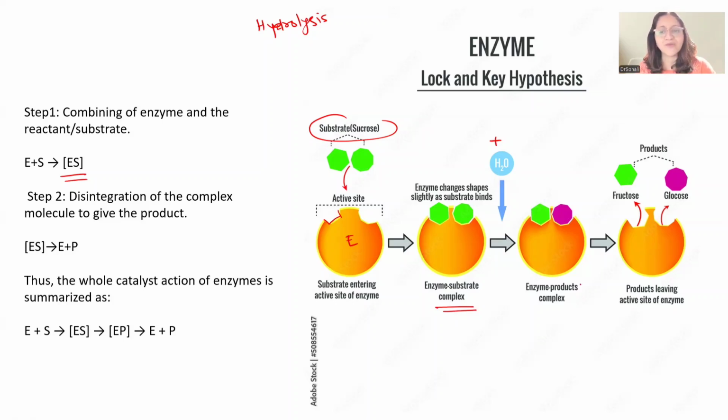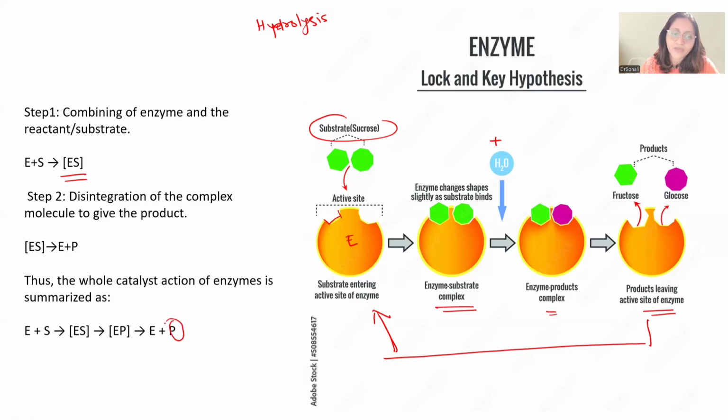The enzyme substrate complex gets converted into an enzyme product complex, and later on, the products are released, leaving behind the enzyme. This enzyme is now again available to react with a new lot of substrate. That is why we say enzymes can be recycled. They are not utilized during the process, and thus the enzyme converts the reactants into the product.